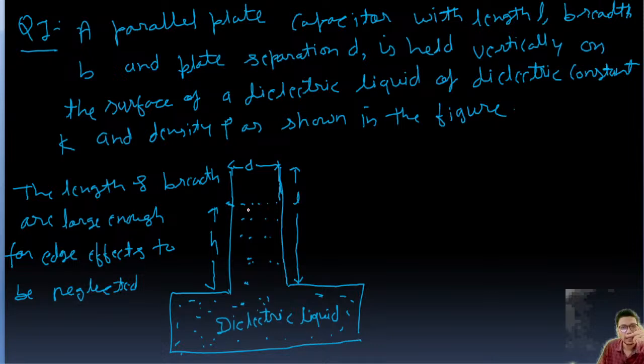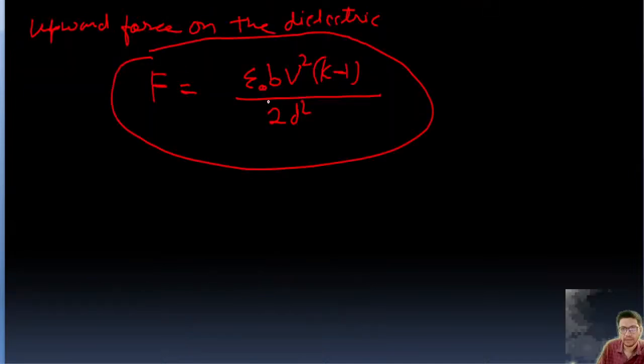If this is the case, then the upward force is F equals epsilon 0 B V square (K minus 1) upon 2D square, guys. That you need to note down.